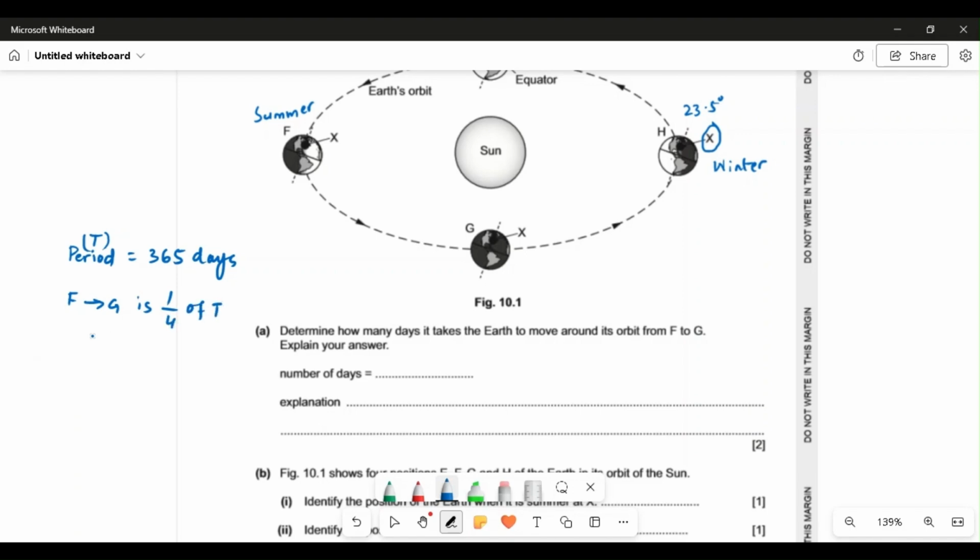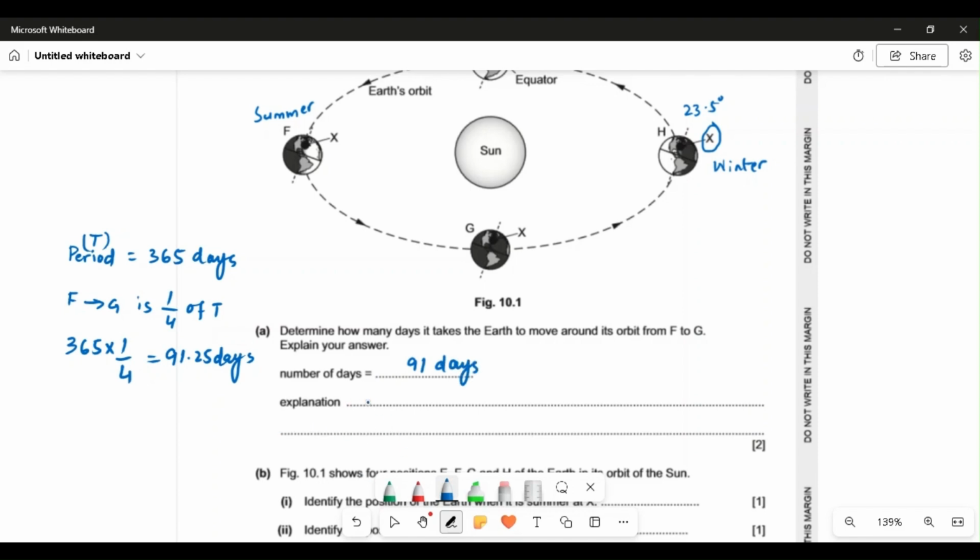So we can say simply 365 times one quarter, it becomes 91.25 days. So the number of days in two significant figures, I will say 91 days.